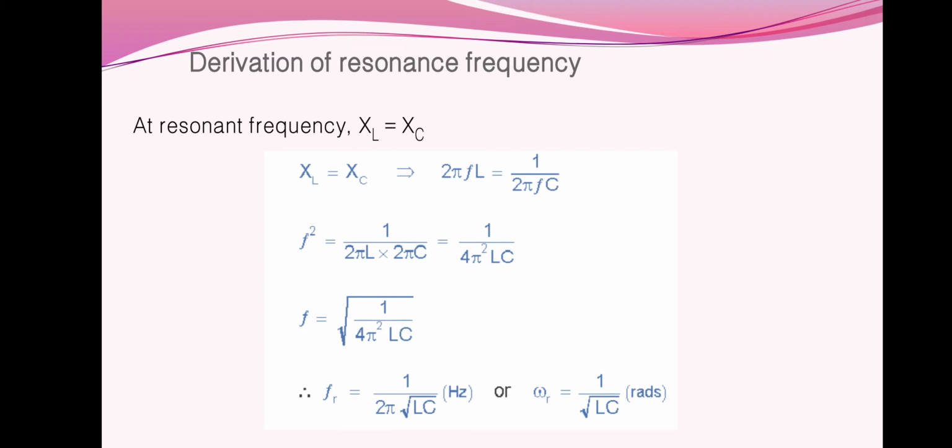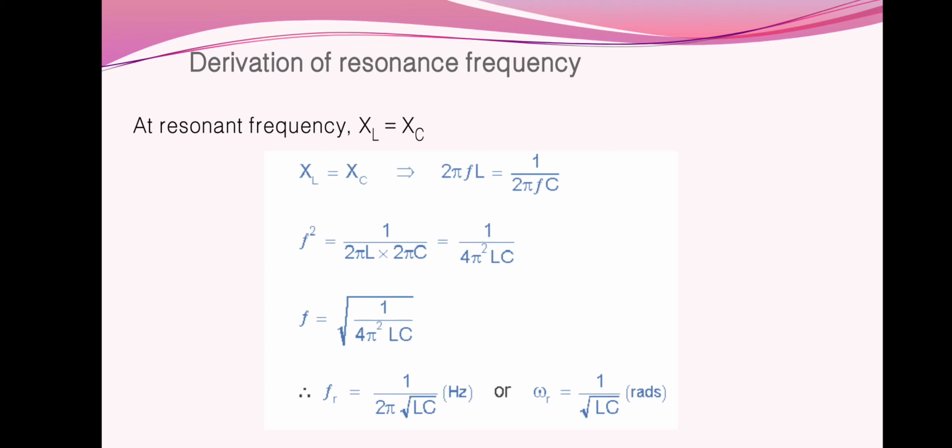So F square equal to 1 upon 2 pi L into 2 pi C, means equal to 1 upon 4 pi square LC. So F equal to square root 1 upon 4 pi square LC. So F, that is FR equal to 1 upon square root of 4 pi square LC, means 1 upon 2 pi square root LC. So this is a derivation of resonance frequency, that is FR equal to 1 upon 2 pi square root LC.